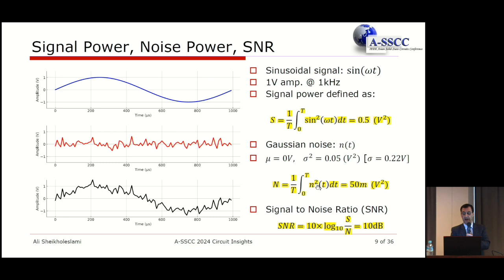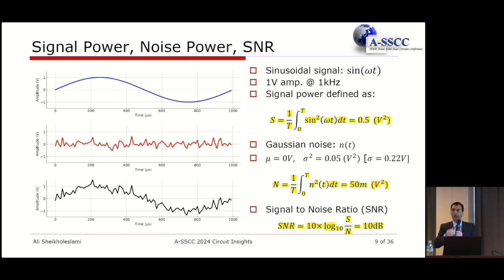If I square the noise, integrate it and then divide by that period, it gives me 50 milliwatts. So you have now 50 milliwatts of noise added to it. Once you add these signals together, this is what you get at the bottom. You can see that the sinusoid is clearly degraded. Now you have all this noise on top of it.